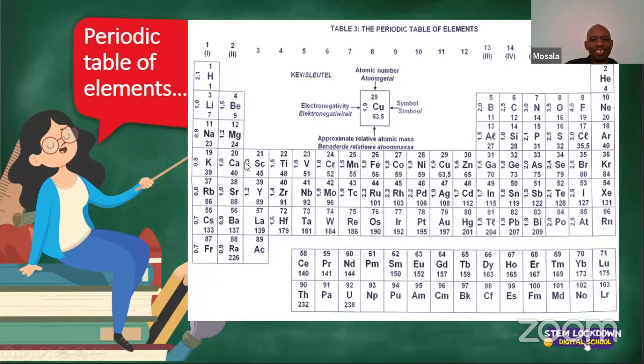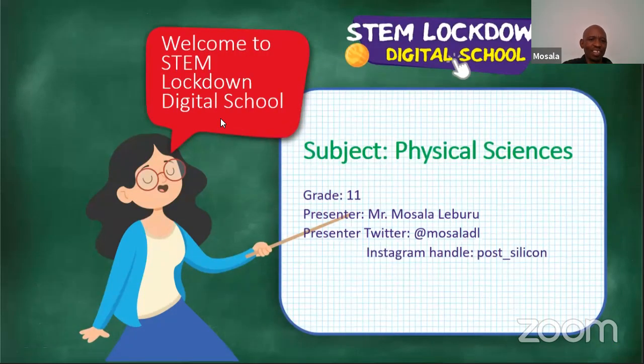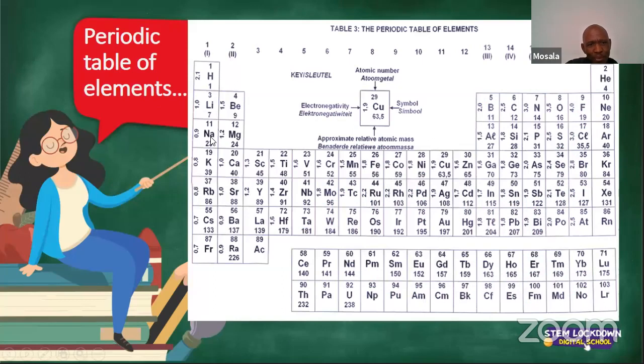Now in the periodic table, you have sodium. Look at the periodic table here. What we call the relative atomic mass is normally the same as the molar mass. So the molar mass of sodium will be 23, and the molar mass of chlorine is 35,5.